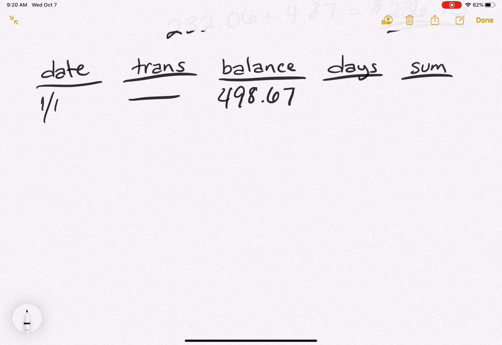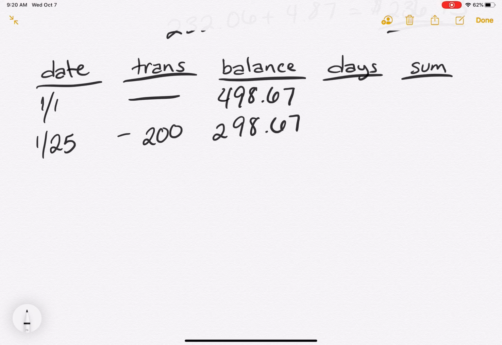Of $498.67. And he made a payment. So notice there are no purchases. They only care about the payment. He made a payment of $200 on the 25th. That brings our balance to $298.67.